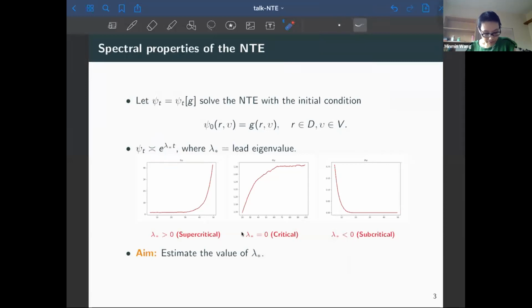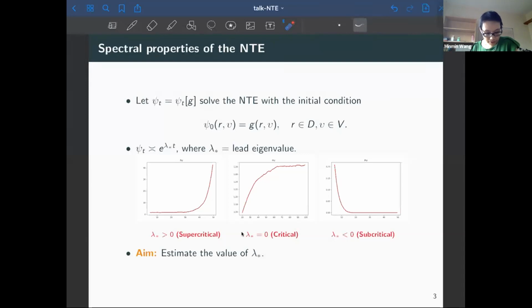Depending on the sign of lambda*, you can have three different scenarios. In the supercritical case, your neutron flux grows exponentially fast. In the critical case, your neutron flux stabilizes over time. And in the subcritical case, the flux reduces to 0 very quickly.